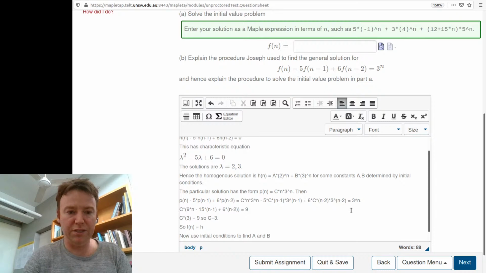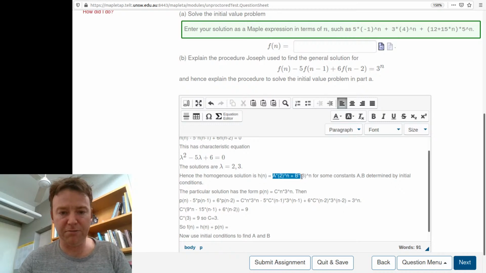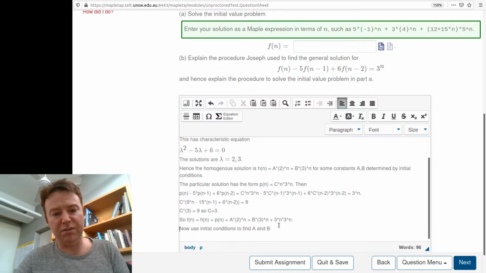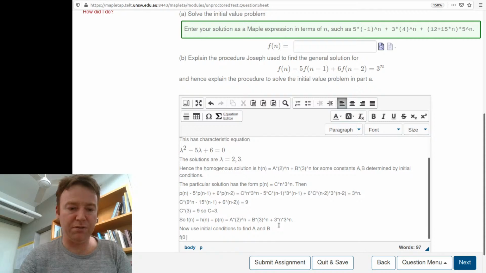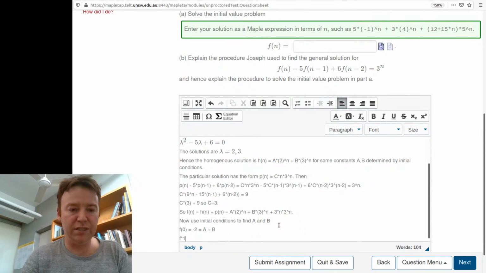It's equal to h of n plus p of n, where h of n was that stuff, plus my p, 3 times n times 3 to the power n. Now we can use the initial conditions to find a and b. F of 0 equals minus 2, which is equal to a times 2 to the power 0 plus b, a plus b.